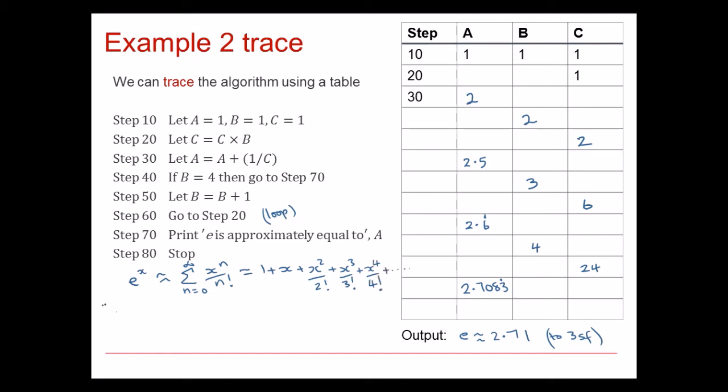In this particular example, when x equals 1, e to the 1, which is equal to e, will therefore approximately be 1 plus 1 plus a half plus a sixth, 3 factorial being 6, plus 1 over 24, 4 factorial being 24, plus and so on. And that is what this algorithm has actually worked out.